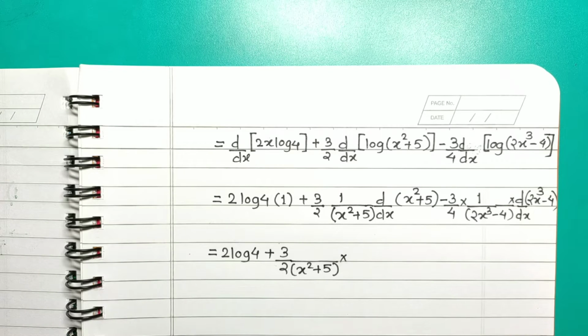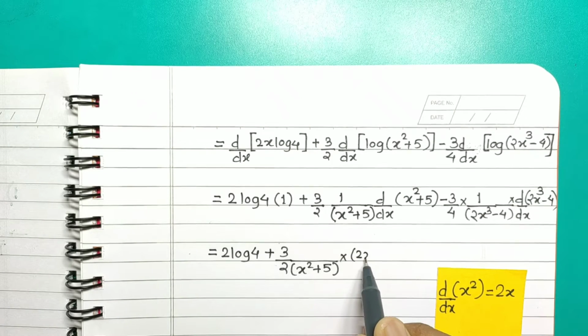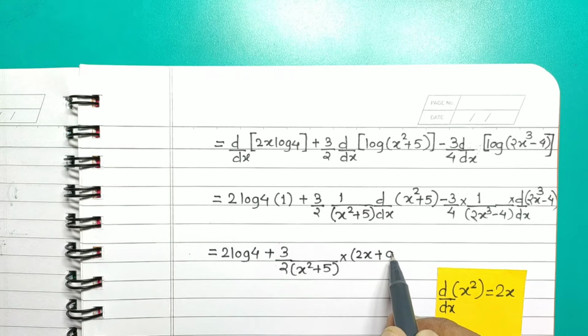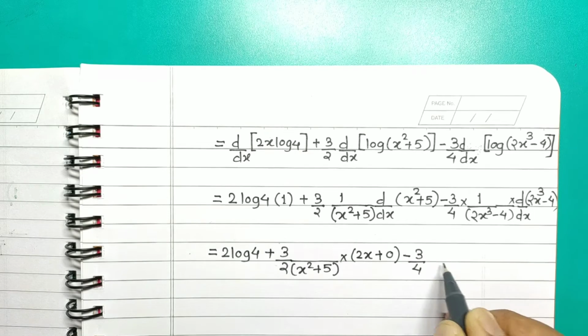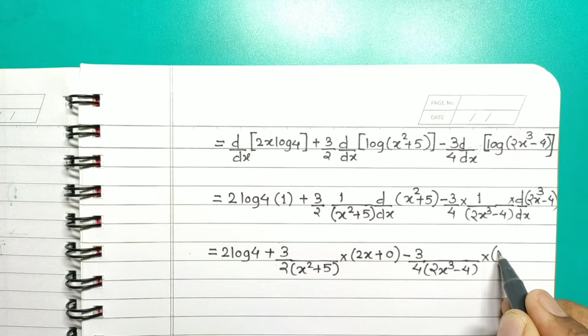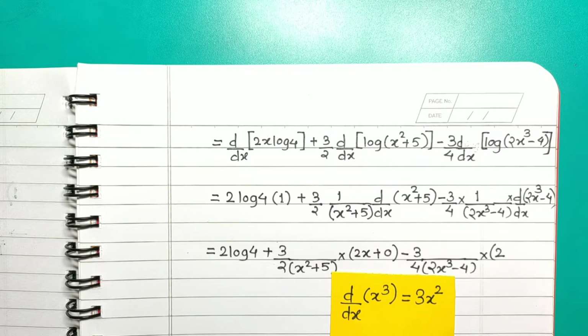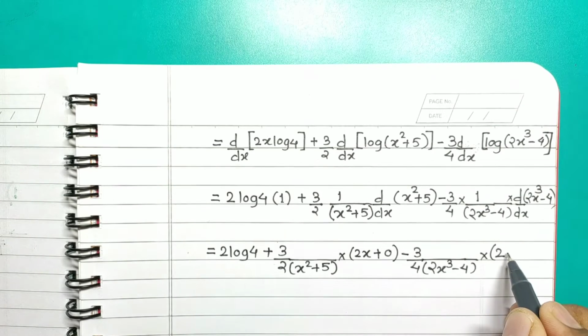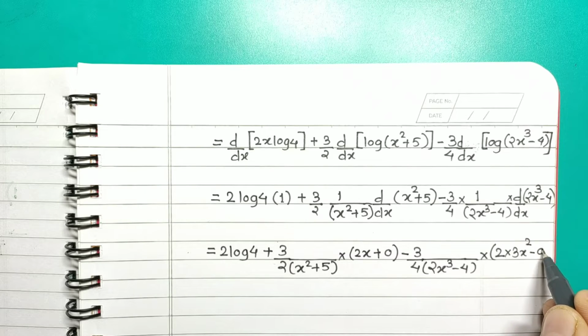We know that the derivative of x square is 2x, so this is 2x plus the derivative of 5 is 0 since it is constant. Then next, minus 3 by 4 into 1 upon 2x cube minus 4, and we multiply the derivative of 2x cube minus 4. 2 is constant and the derivative of x cube is 3x square, so multiply it by 3x square, and minus 4 is constant, so its derivative is 0.